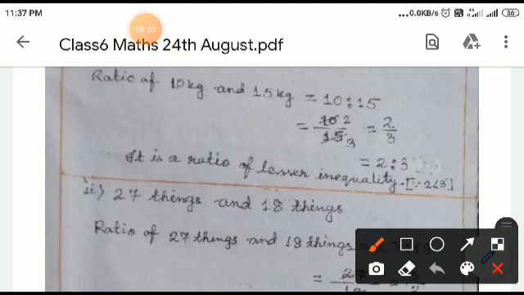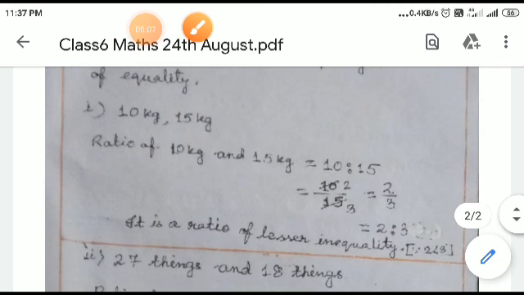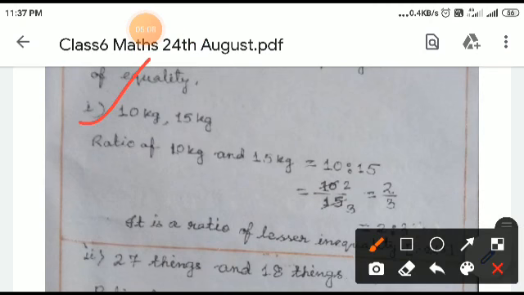First sum. Here given 10 kilogram and 15 kilogram. Ratio of 10 kilogram and 15 kilogram equals 10 is to 15. Ratio, we do not write a unit in ratio. Ratio doesn't have any unit, so don't write any unit with ratio. Here we have just written 10 is to 15.